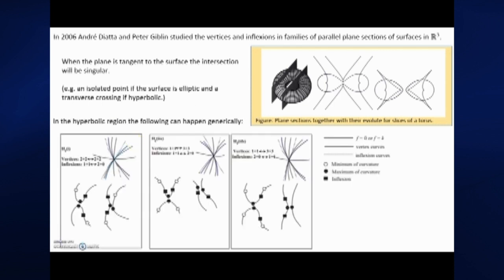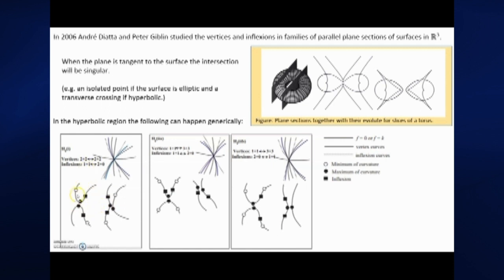So in the hyperbolic region, the following three scenarios can happen generically. Of course, when you intersect with a tangent plane, you get a singular transverse crossing, but when you move your plane parallel to the tangent plane in either direction, then we get two smooth curves which exchange branches at the tangent plane.